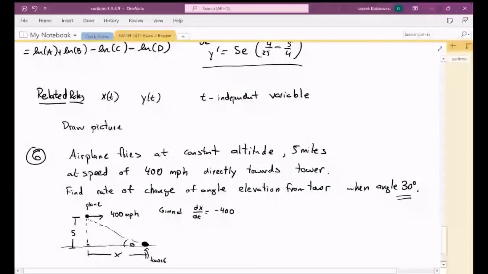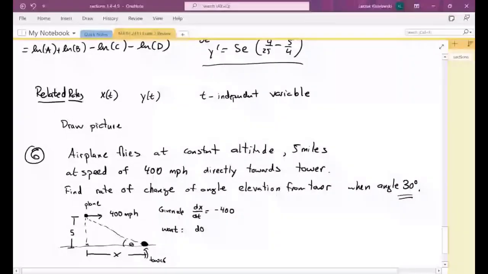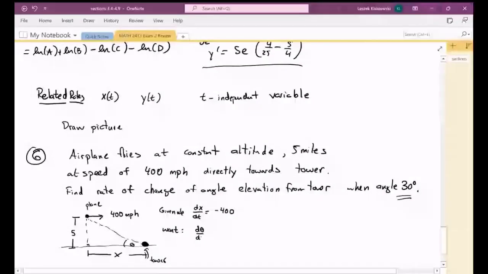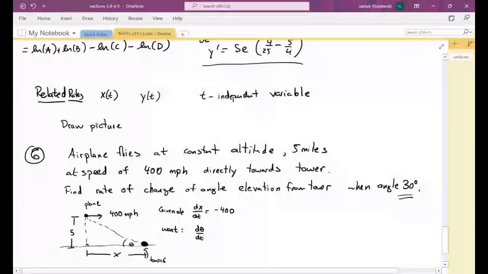And we want d theta dt. Do you expect that to be positive or negative? Positive, right? It looks like theta would be increasing as the plane gets closer to the top. All right. So once you draw the picture, you write the given rate and make a note of the rate you want to find.